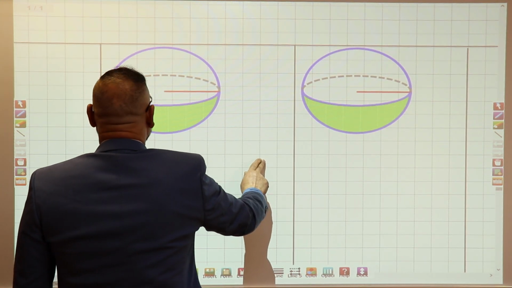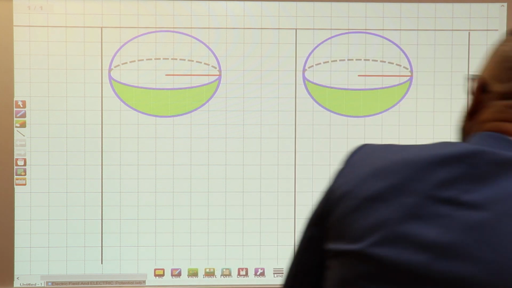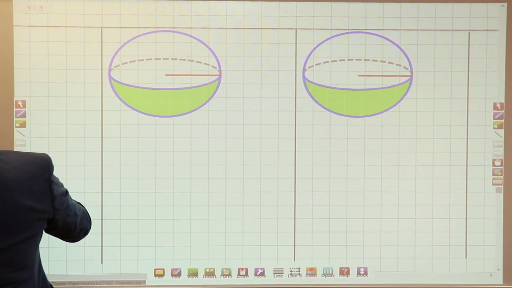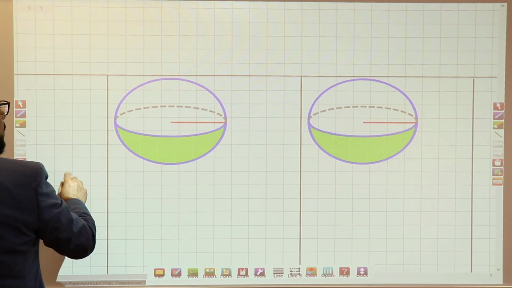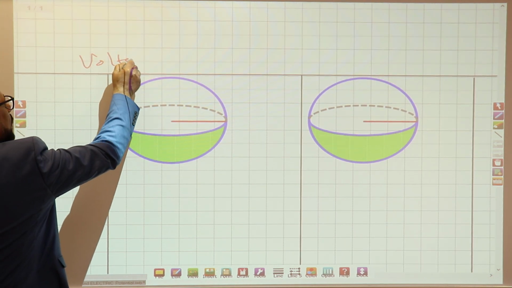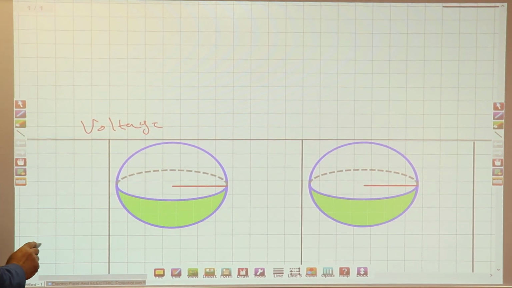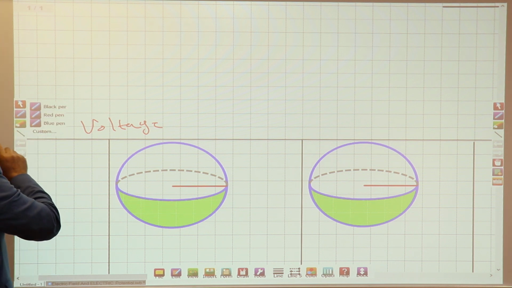I have too many spheres to explain the concept. Let us start. We said voltage. Before I start the voltage, I need to give you the relation between the electric field and the voltage.